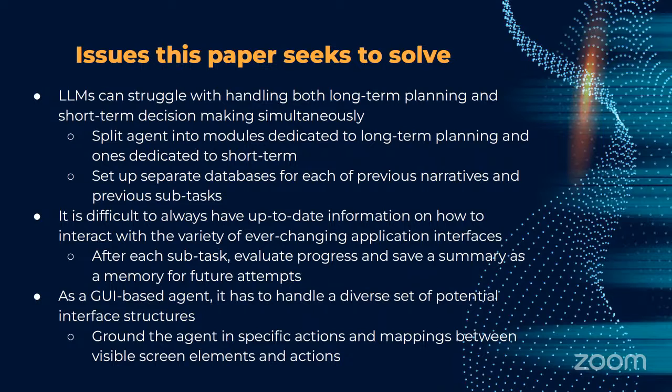After each subtask, it also evaluates progress and saves summaries as a memory for future attempts, which helps handle the diverse possible structures and applications that one might have to interface with. And to help with complicated GUI structures, they do additional grounding, looking through the image, parsing out text, and marking potential interactable elements.